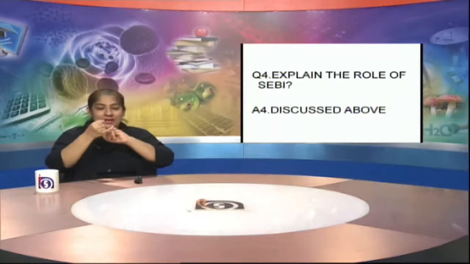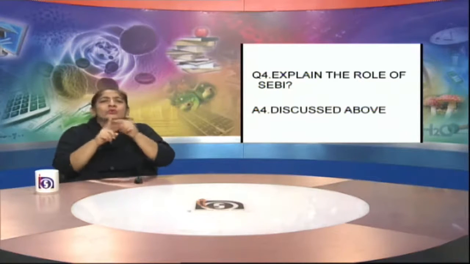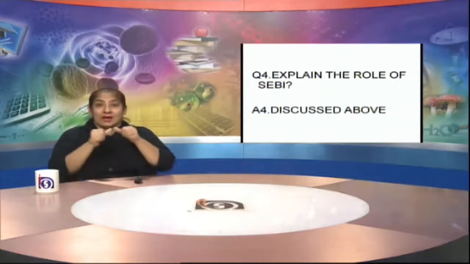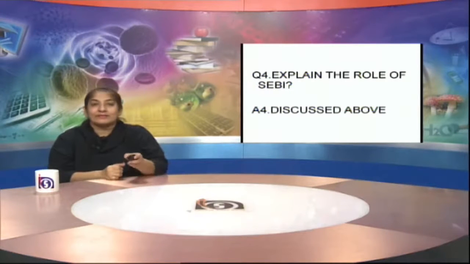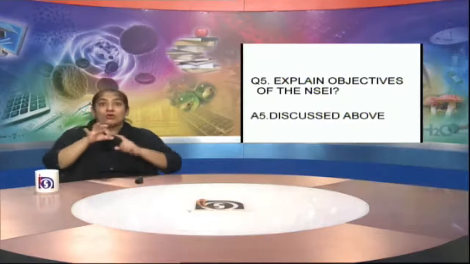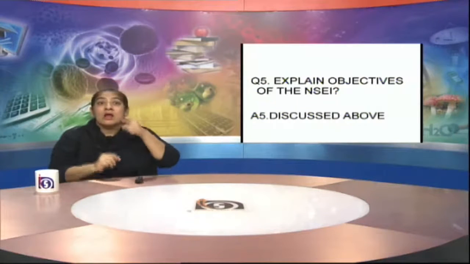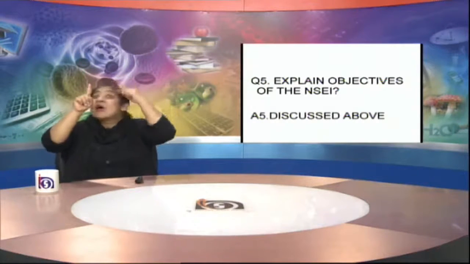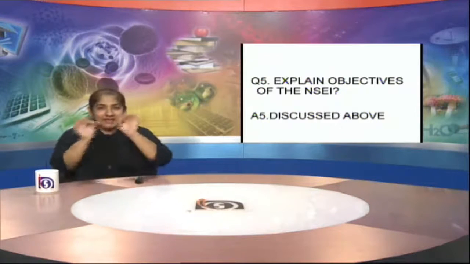Fourth question, you have to explain the role of SEBI. We have already discussed the answer in this video. Fifth question is, you have to explain the objectives of the NSEI.